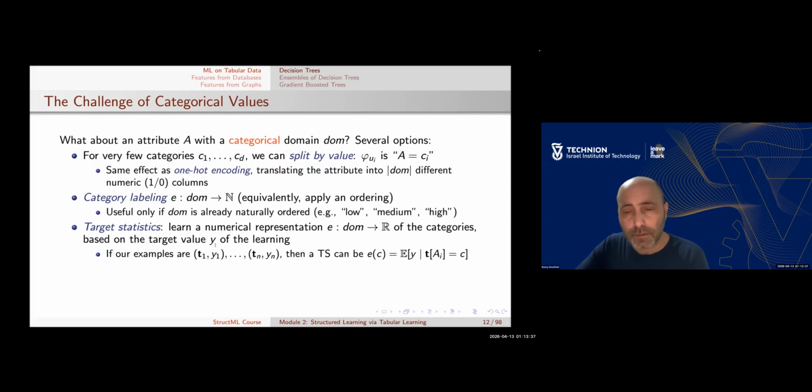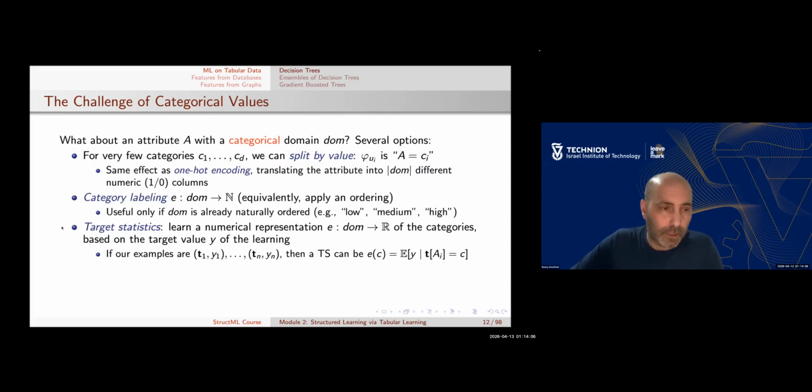For example, target statistics would say take the expected y for the training examples with the current category C. That gives you a number, the expectation of the y values for these tuples with the category C.